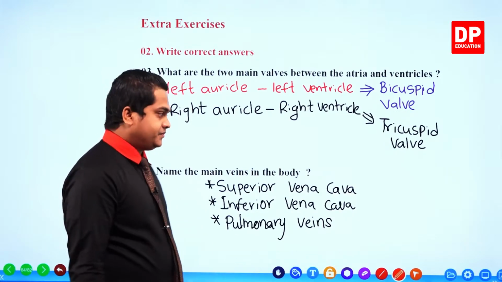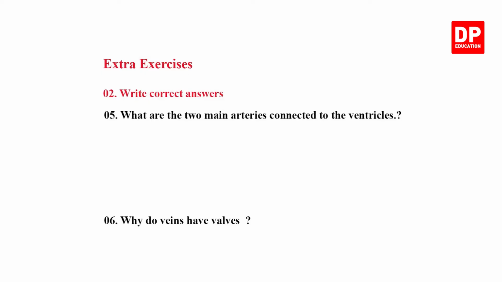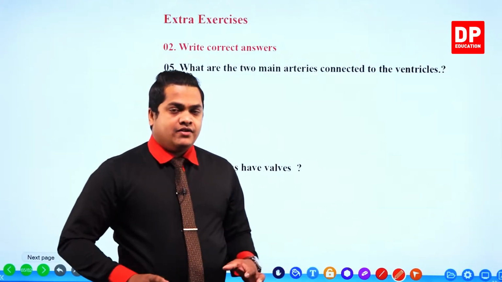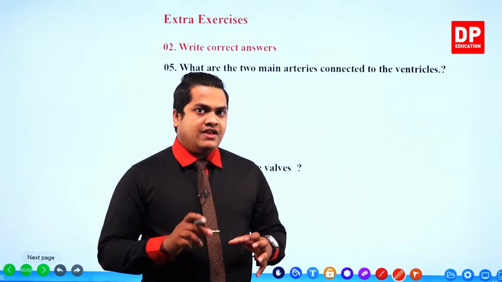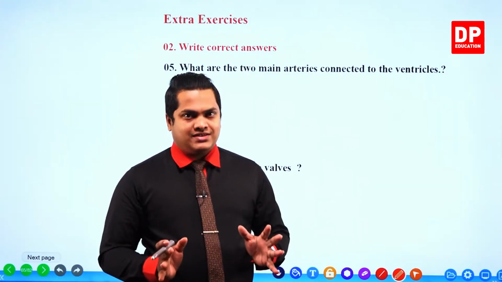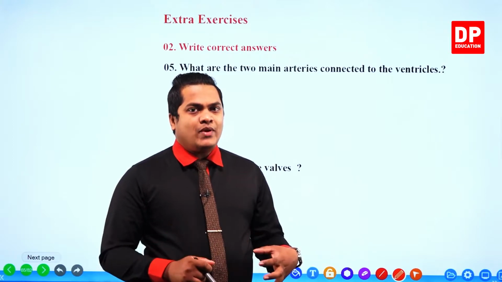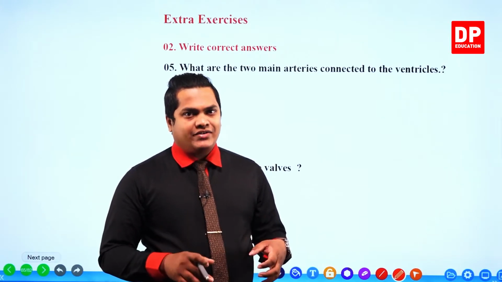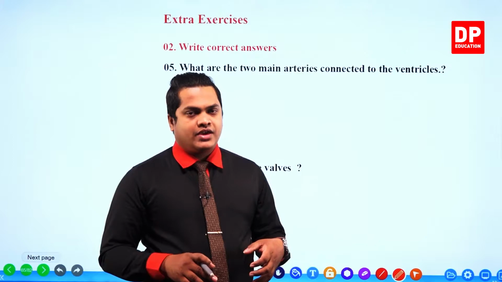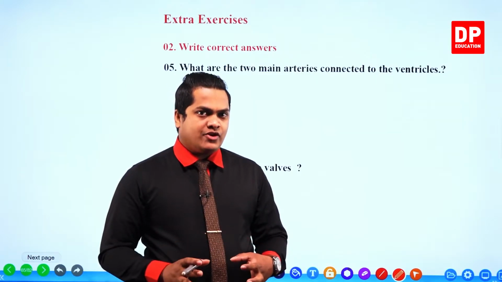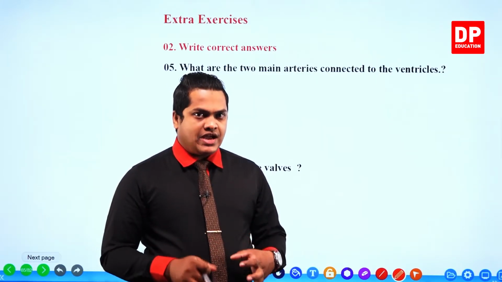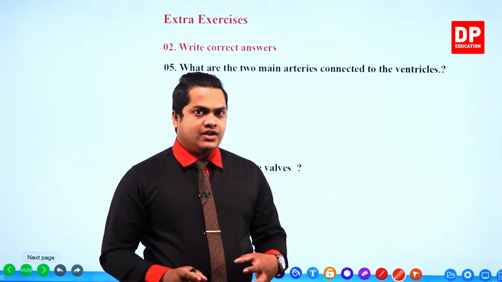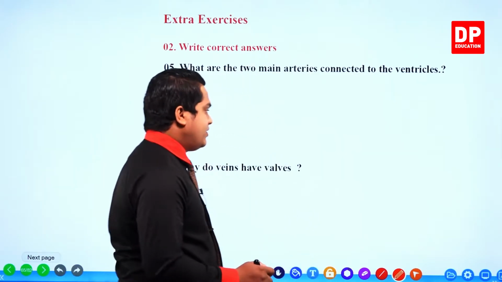Then, what are the two main arteries connected to the ventricles? We know that for our left ventricle, the aorta is connected. For the right ventricle, the pulmonary artery is connected. So we'll write down our answer.